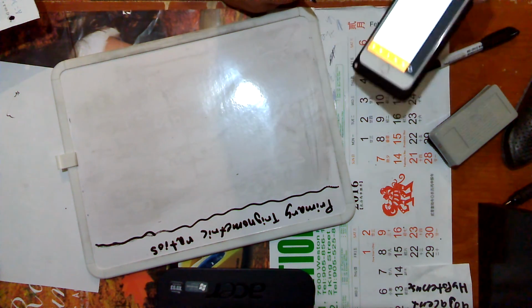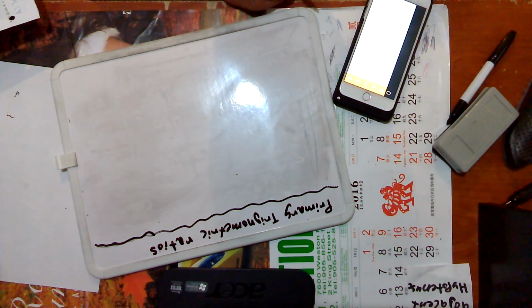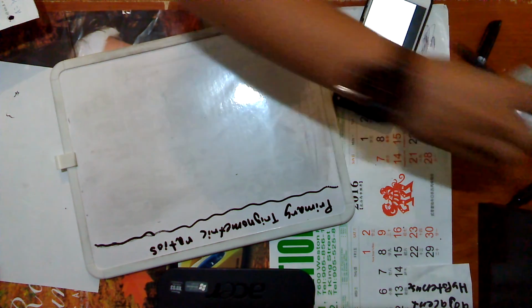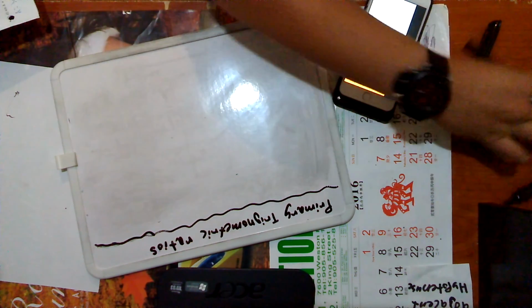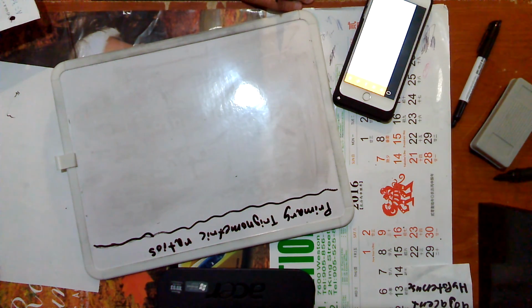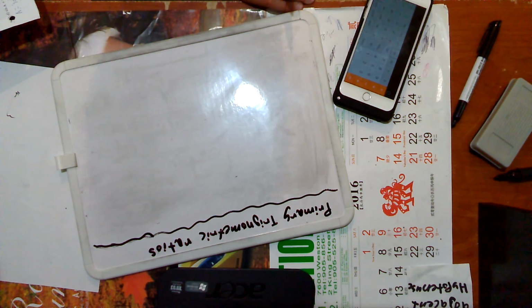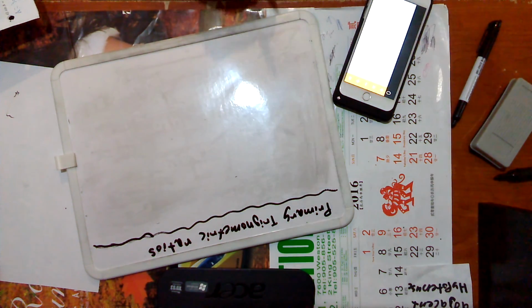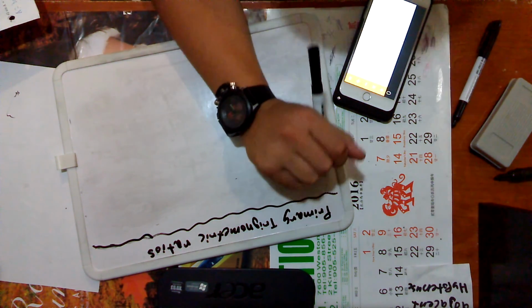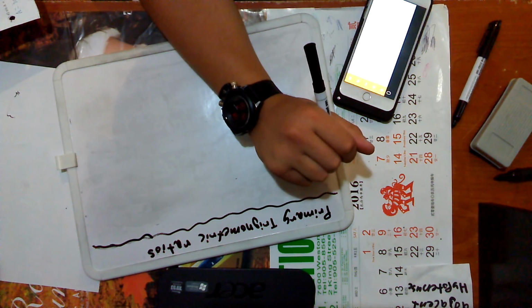Let's say we have an angle, a certain degree. How do you solve for it?